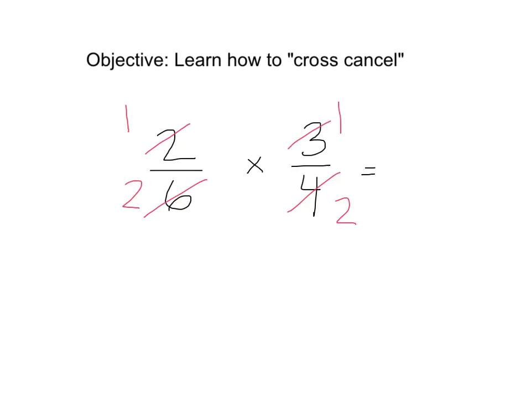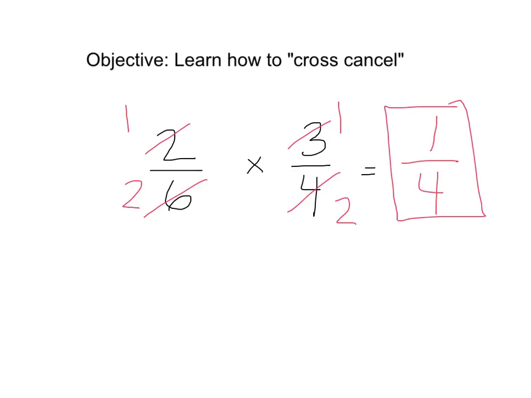So once again, I am simplifying fractions, but I'm doing it in a way that's diagonal, as you can see. And then, similar to my slide before, all I now need to do is multiply straight across the top and straight across the bottom with my new numbers. So 1 times 1 is 1, and 2 times 2 is 4. So my answer is 1/4.